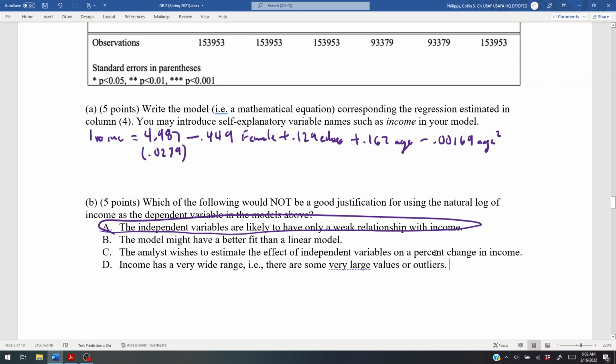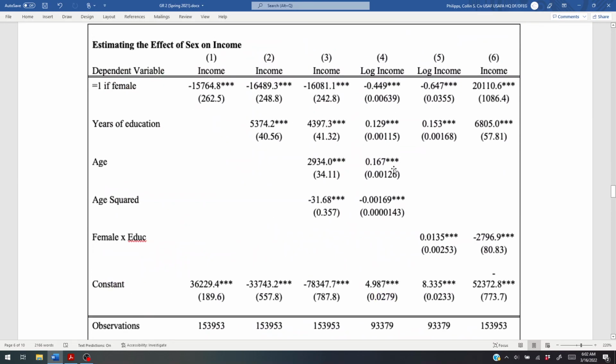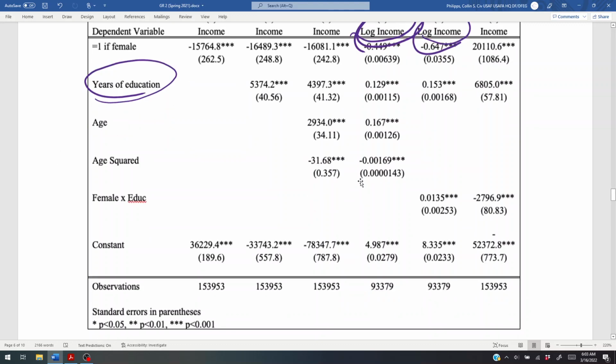So I need percent change in income with respect to percent change in education. But guess what I don't have? I don't have logarithms of education. I do have log income right here. And also in this model, I've got log income. I do not have log education anywhere up here.